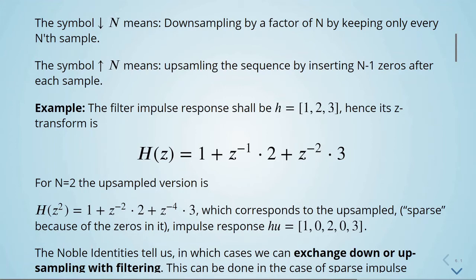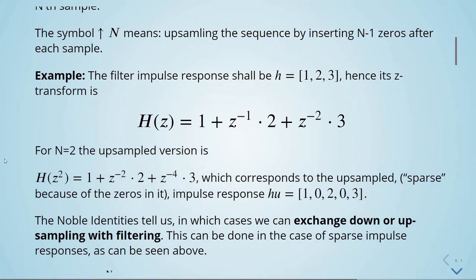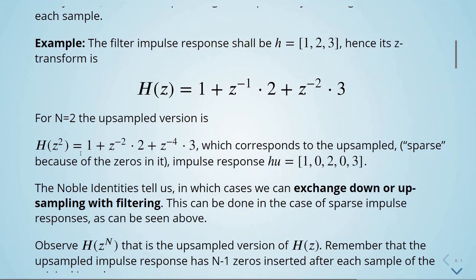And then if we take the z transform of this impulse response, we will have 1 z to the power of 0 plus 2 z to the power of minus 1 plus 3 times z to the power of minus 2. And for n equals 2, we have an upsampled version that is given by this here, which corresponds to the upsample.